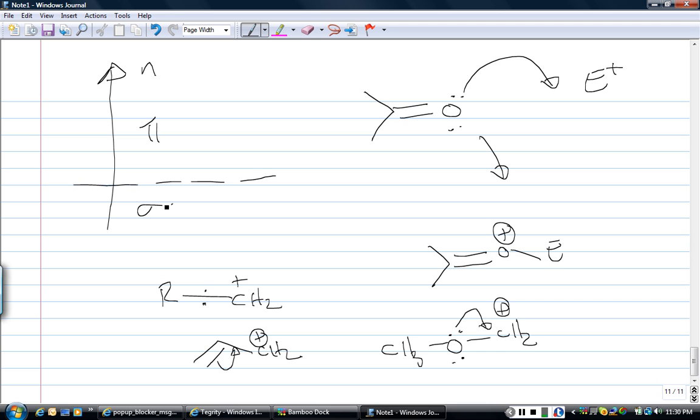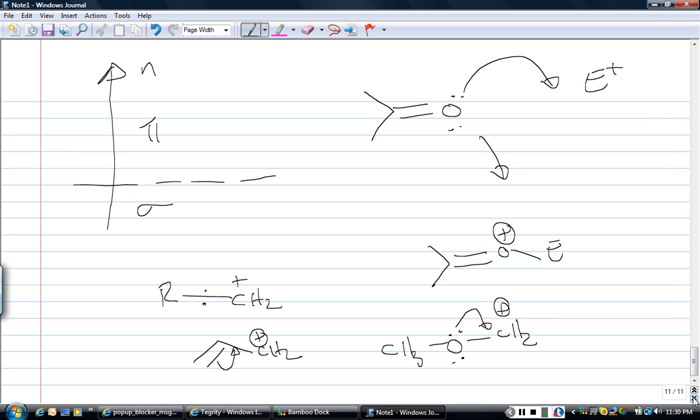So I don't have to learn the trend for three different phenomena. If I understand the trend and what is at work, I can make an intelligent assessment of how effective each type of electrons is with respect to that phenomenon, whether it's resonance versus induction or nucleophilicity or basicity and so on.